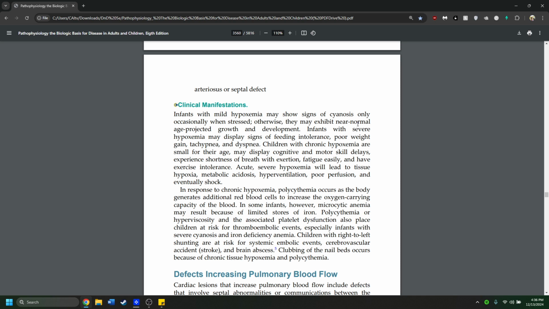In response to chronic hypoxemia, polycythemia occurs as the body generates additional red blood cells to increase the oxygen carrying capacity of the blood. In some infants, however, microcytic anemia may result because of limited stores of iron.